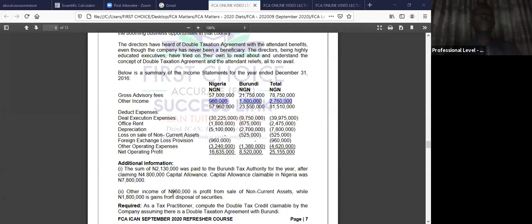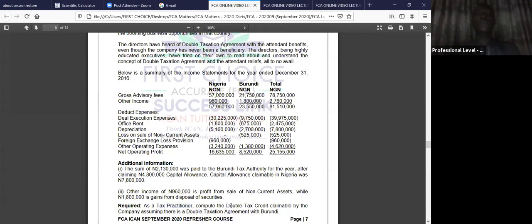They said, as a tax practitioner, so now you are like working for the government, or you're looking at it in the eyes of the government, or you want to help your clients see things from the eyes of the government.